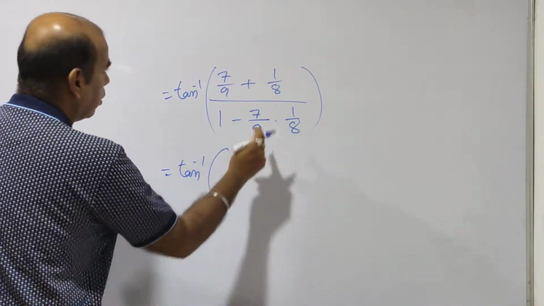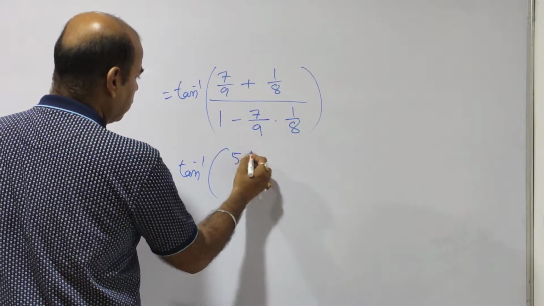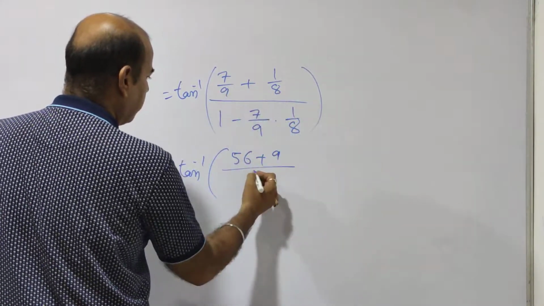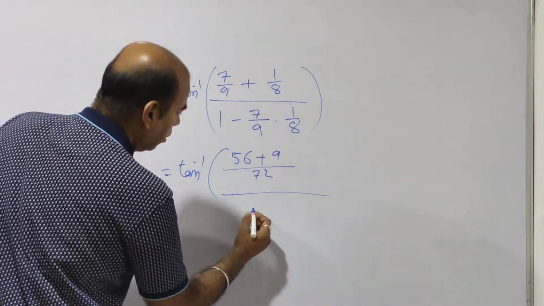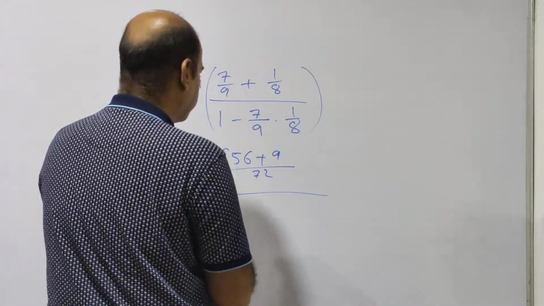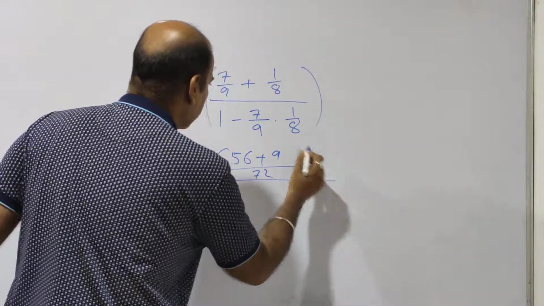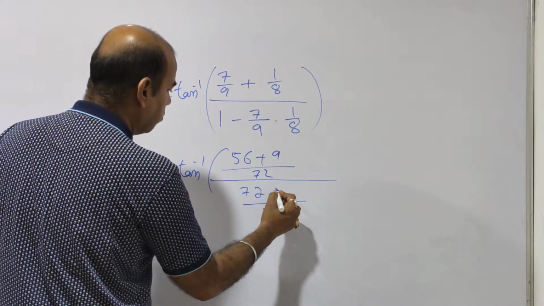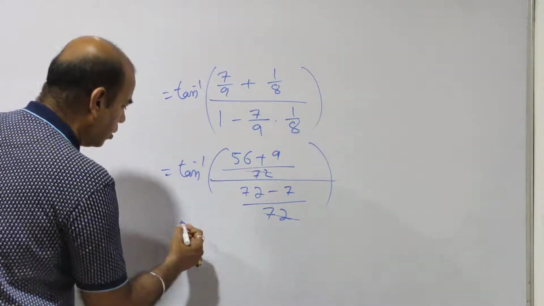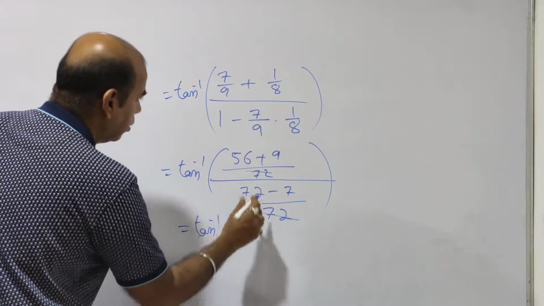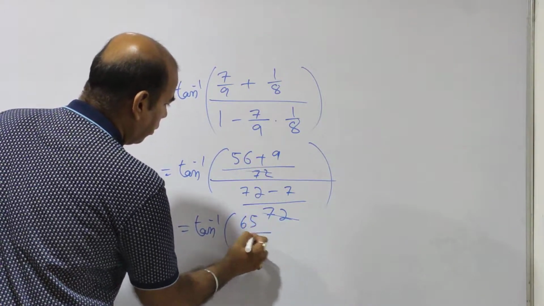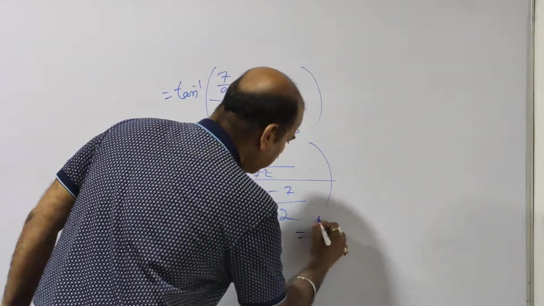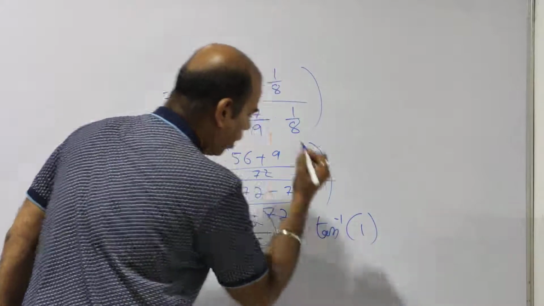It is 7 eights 56 plus 9 by 9 eights 72, over 72 minus 7. So this and this cut, the result is tan inverse 65 by 65, which cuts, and I am getting tan inverse 1.